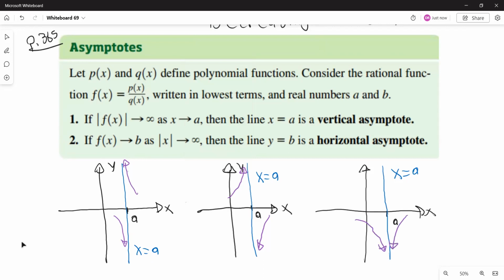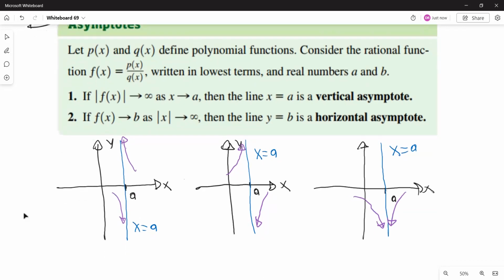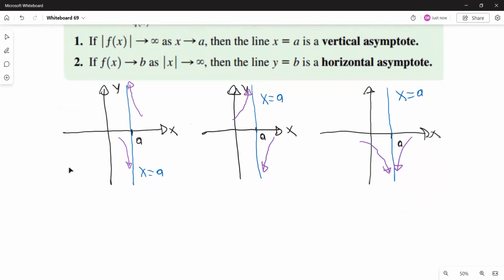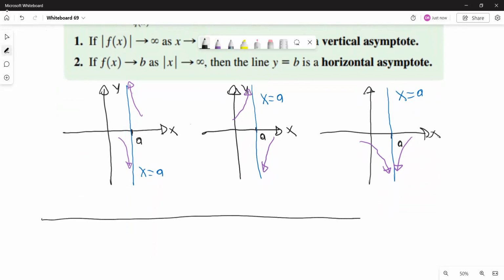And then if f of x approaches B as the absolute value of x approaches infinity, then the line y equals B is a horizontal asymptote. In the previous examples, the line x equals A was a vertical asymptote.